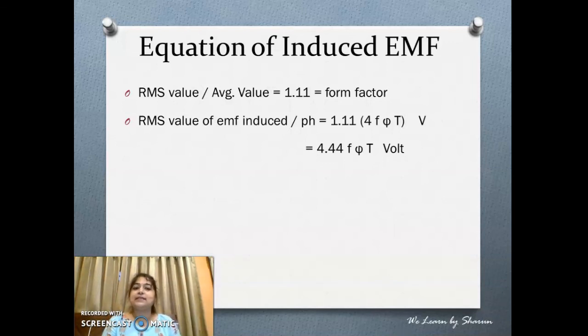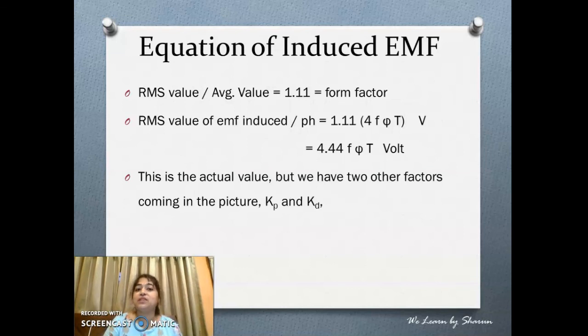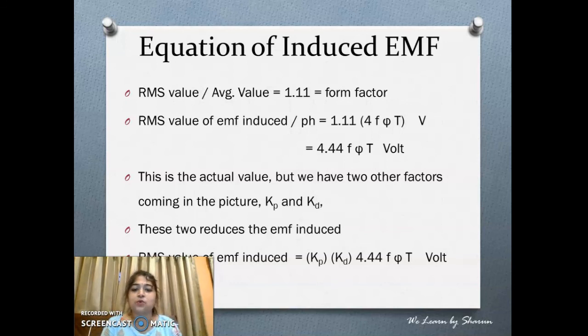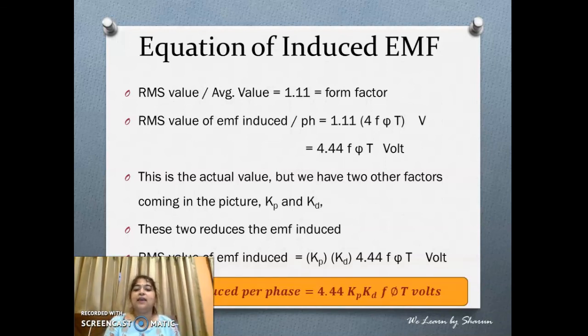Considering these factors, the EMF will be reduced by some ratio. These factors are nothing but Kp and Kd. This reduces the EMF induced. Finally, the RMS value of EMF induced will be given by Kp Kd 4.44 F phi T, or the EMF induced per phase.